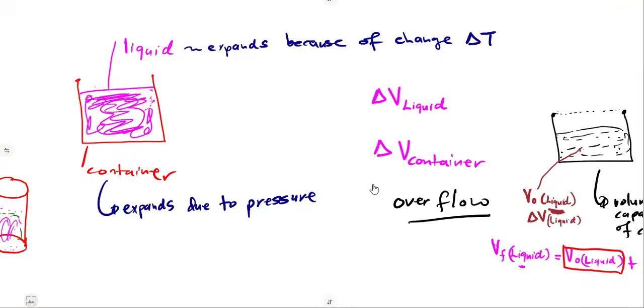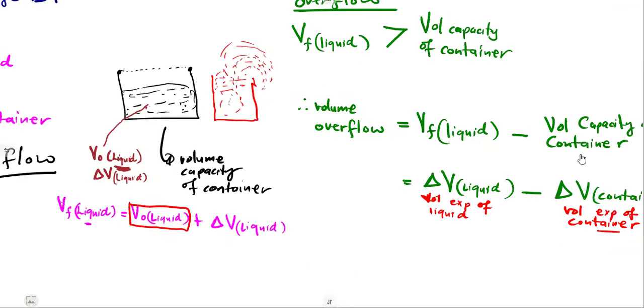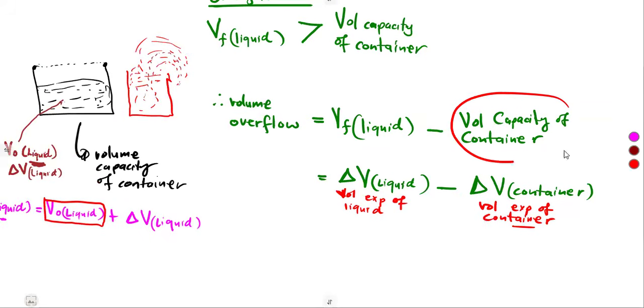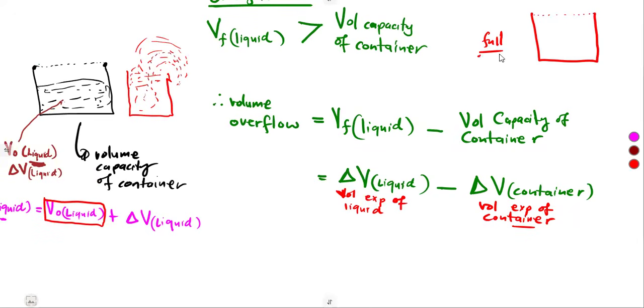When I was talking about this expansion here, when I was saying the volume capacity of container. No. The volume capacity of container, it is what the container can carry when it is full. That's a full capacity. We're talking about the full capacity. So that is the volume of the container from the dimensions of that container, if you are given the length, the width, and the height.